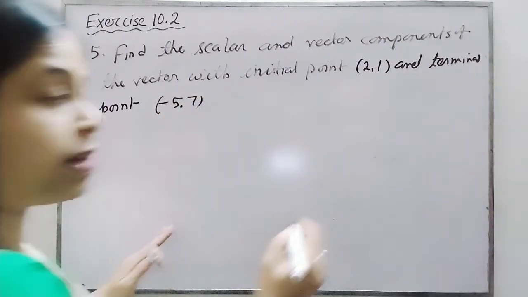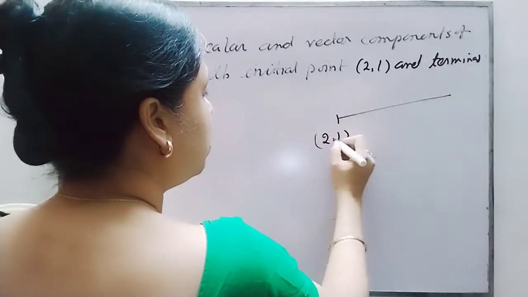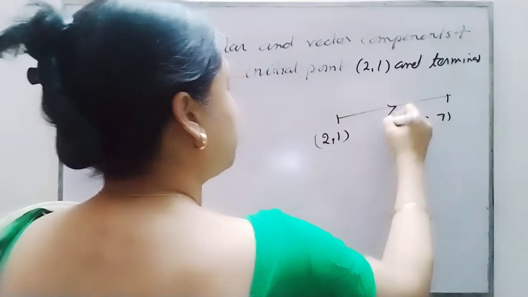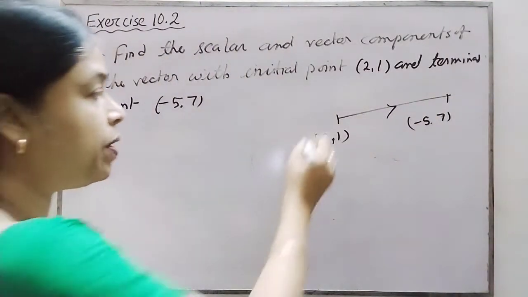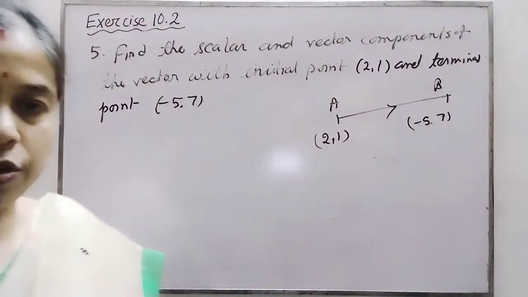So here you have a vector whose initial point is 2, 1 and a terminal point is minus 5, 7. The vector is from this to this. So here you have to get the components of the vector.